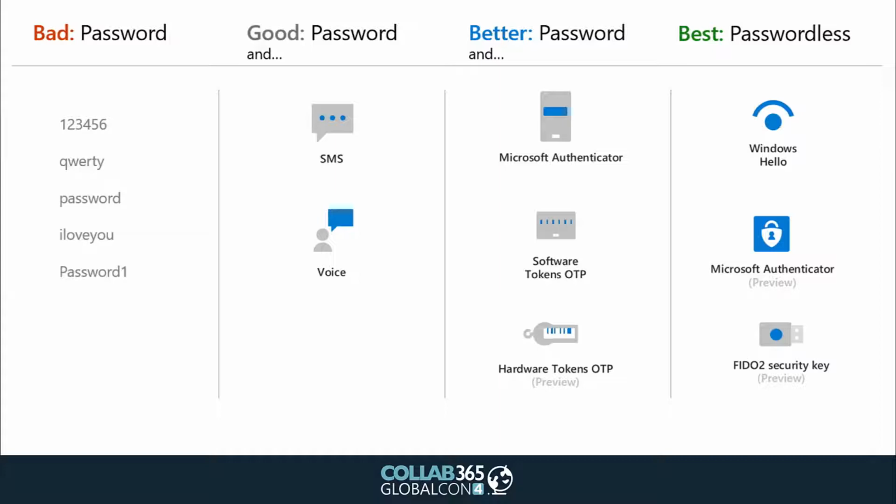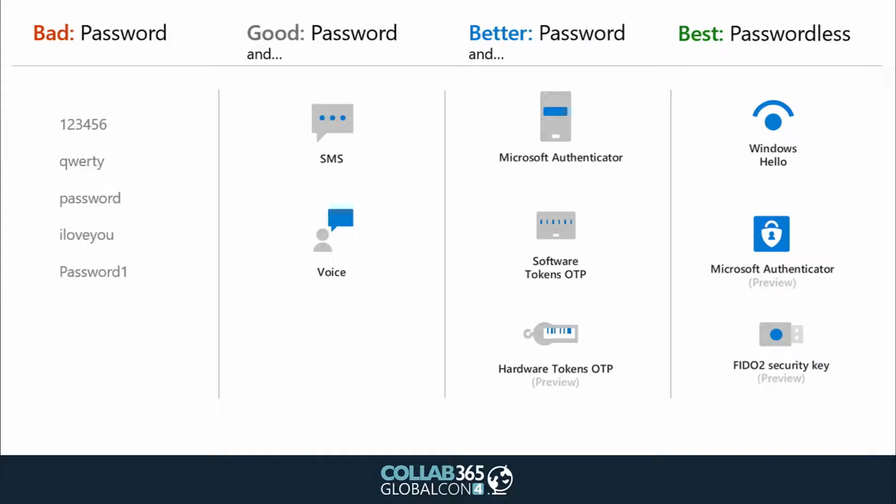The better choice would be to use Microsoft Authenticator or a software token or hardware token, where you can generate a one-time password, or, for example, Microsoft Authenticator, where you can actually confirm the login challenge.